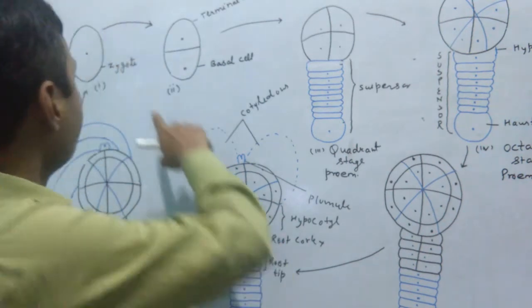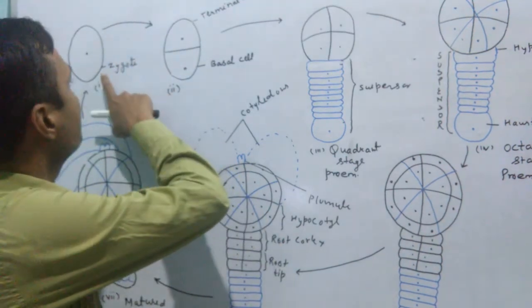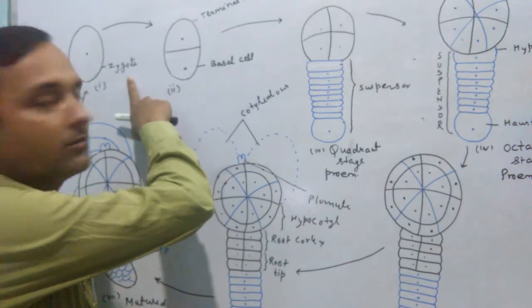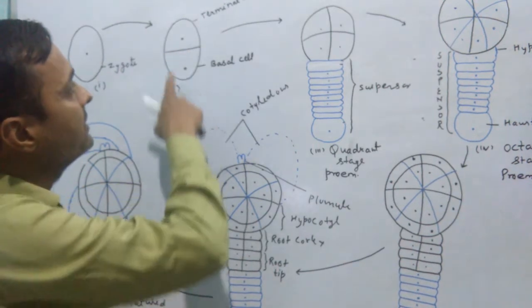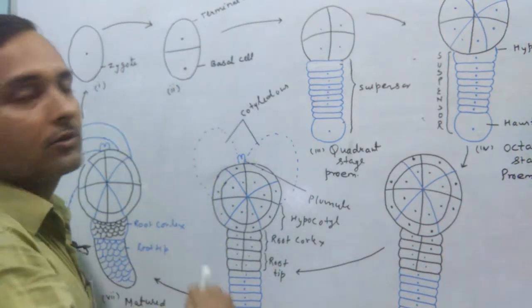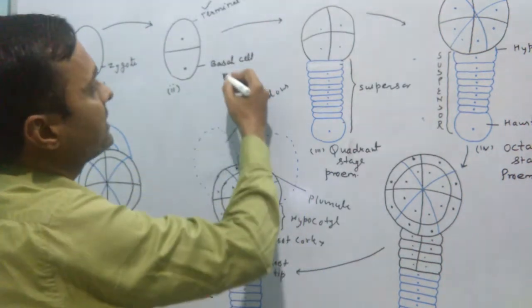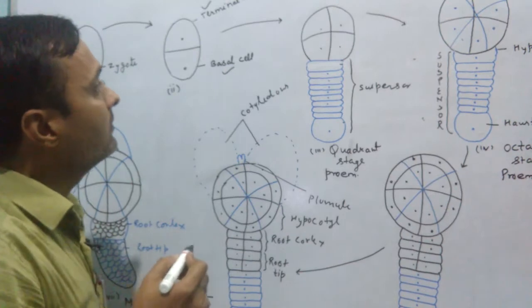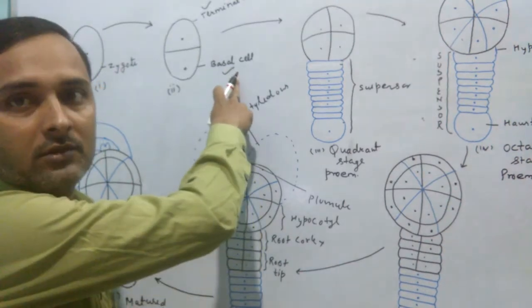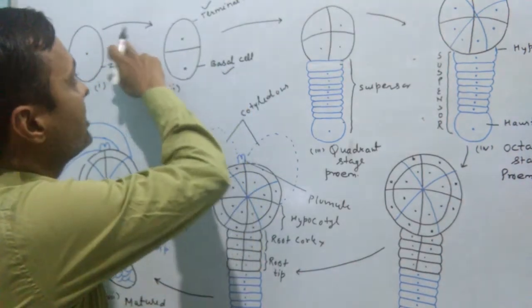Now see, in the initial stages, after the formation of the zygote, it divides by transverse division and forms two types of cells.